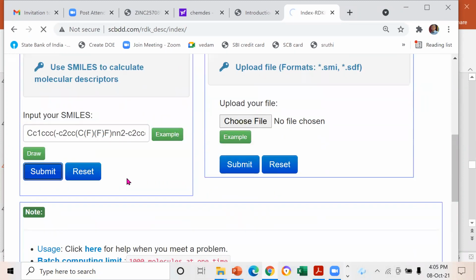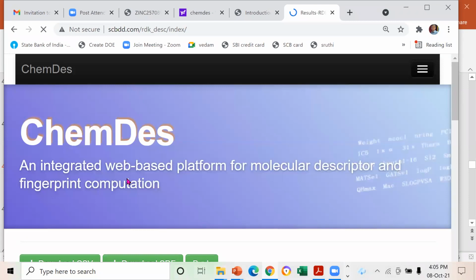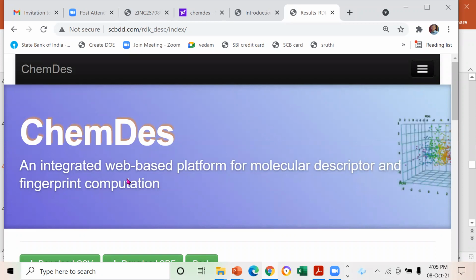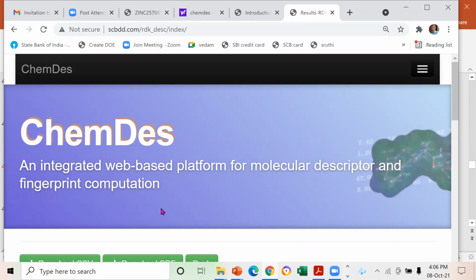You can do that for each molecule, all the descriptors, and you will get an Excel file. You can combine all the Excel files. So you should have around 3000 plus descriptors for this molecule. Just try it and see whether it works on your screen.